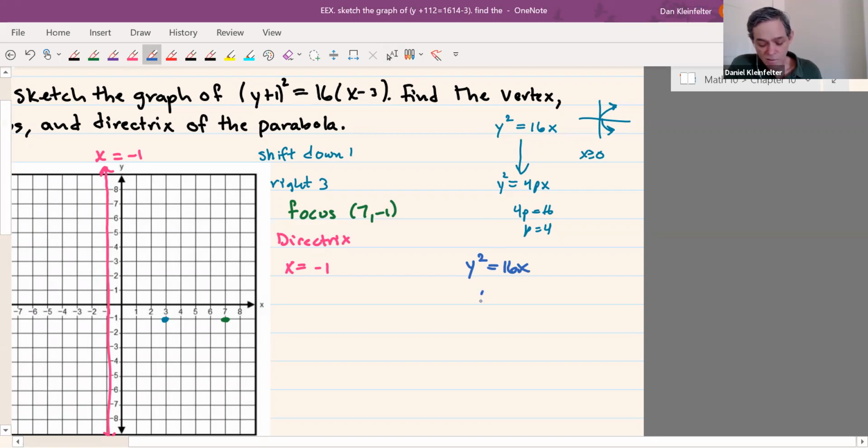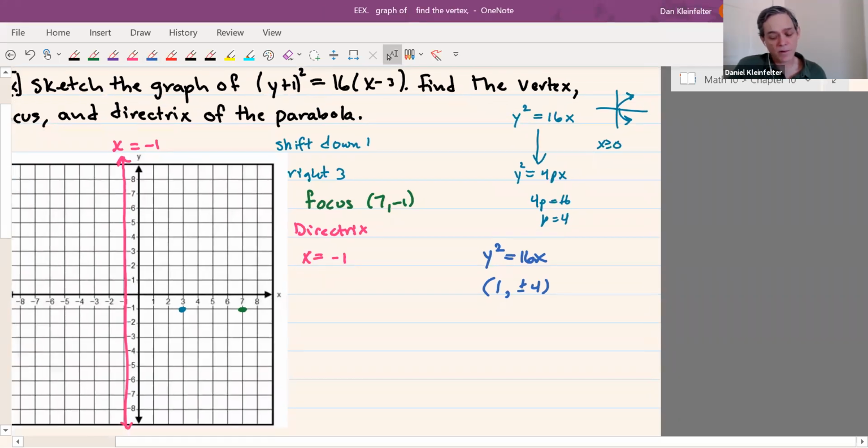If x is 1, the right side will be 16. So if y squared is 16, y could be plus or minus 4. The points (1, ±4) will be on the parabola. So from the vertex, I will go to the right by 1 and then up or down 4.